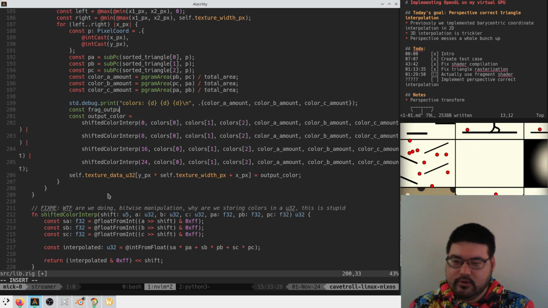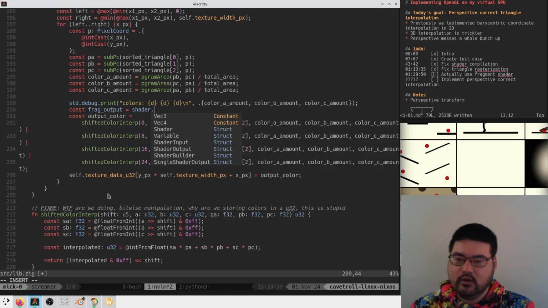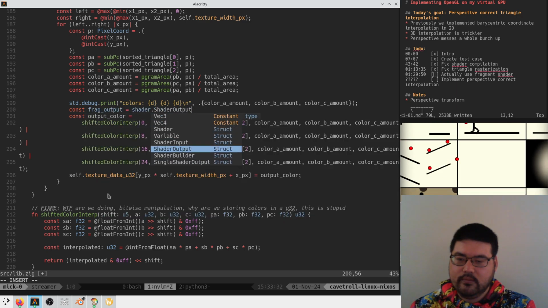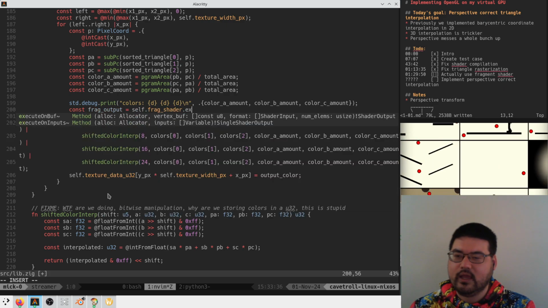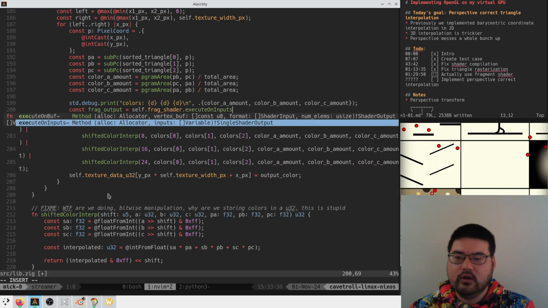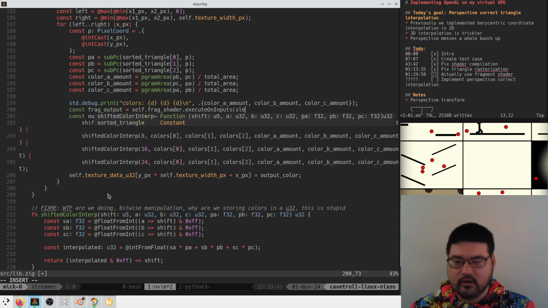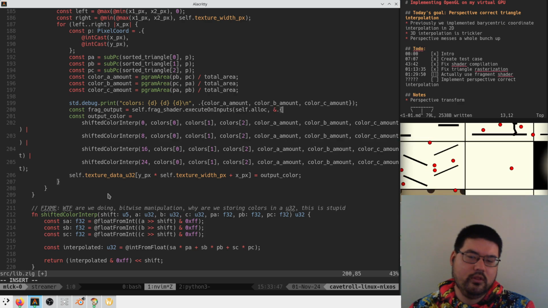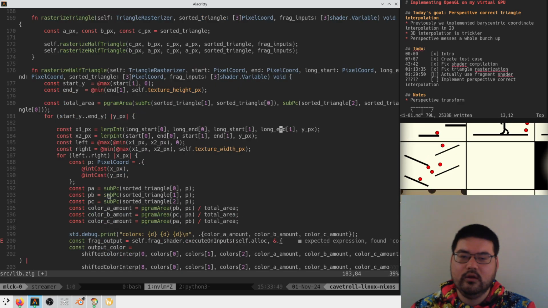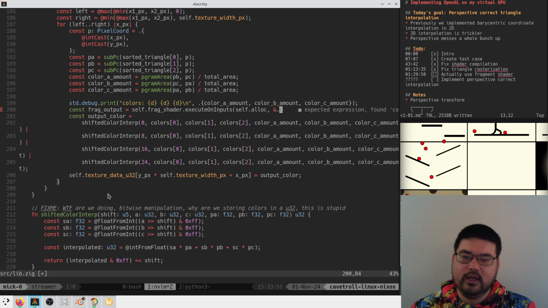So frag output is going to be the shader's frag shader. We're going to execute this on the interpolated inputs.